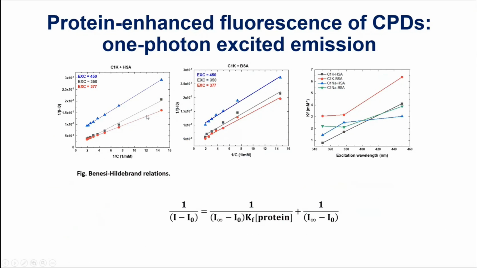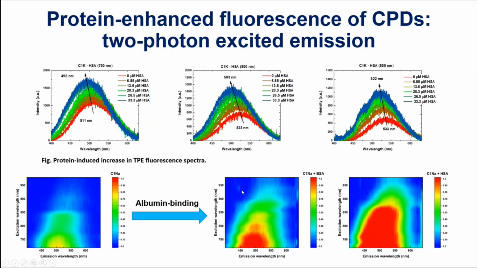We also define the Benesch-Hildebrand relation, which tells us how the carbon nanodots are associated with the proteins, and although they do interact, upon binding, we did not see the hampering of the function of those albumins.